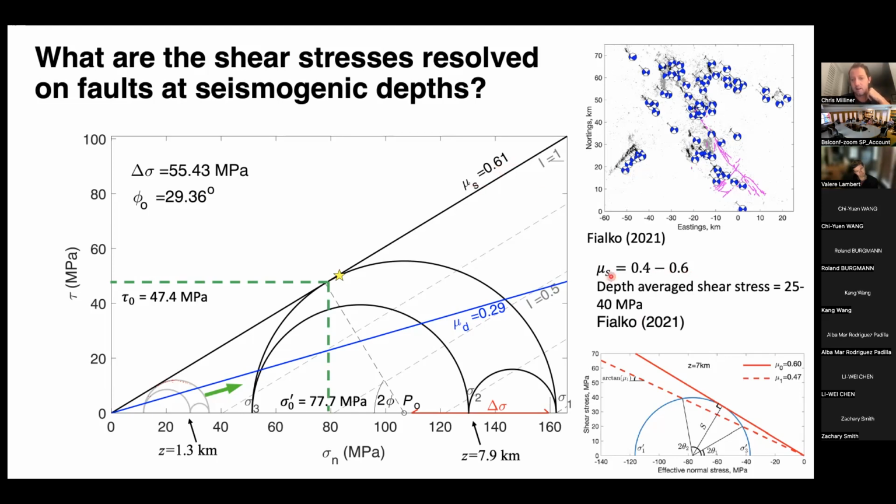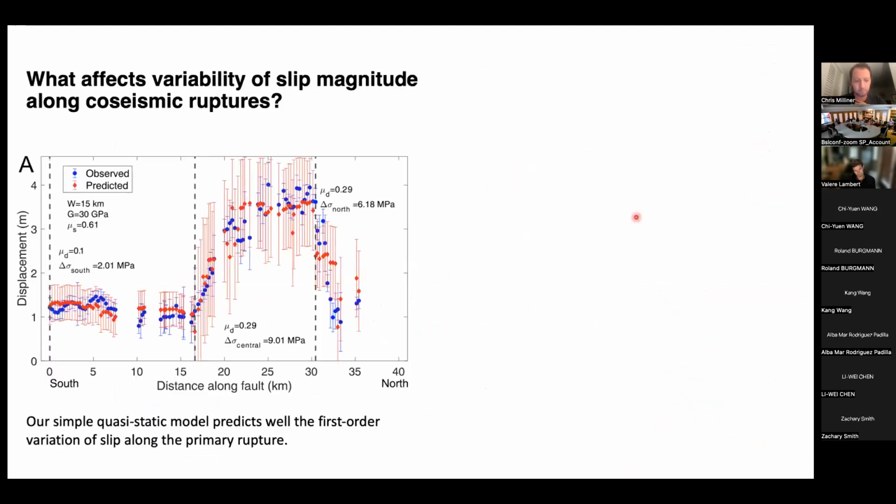Ours is slightly higher, and our shear stresses are in good agreement. His depths are about 7 kilometers; we're looking at about 8 kilometers. So that failure criterion and the stress tensor seem to agree pretty well with what he's shown around the Ridgecrest area, which is encouraging.